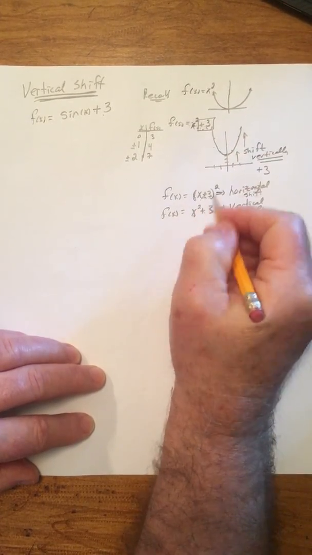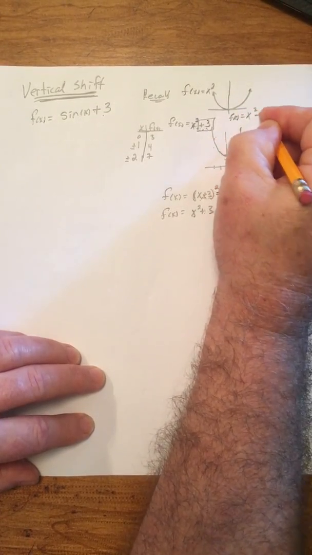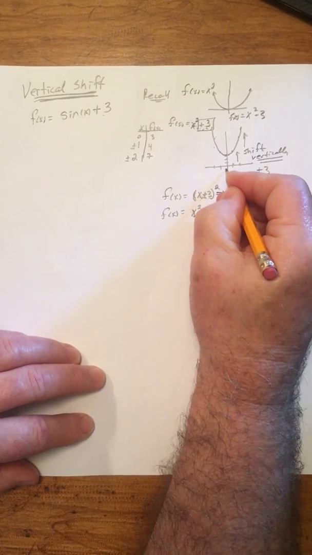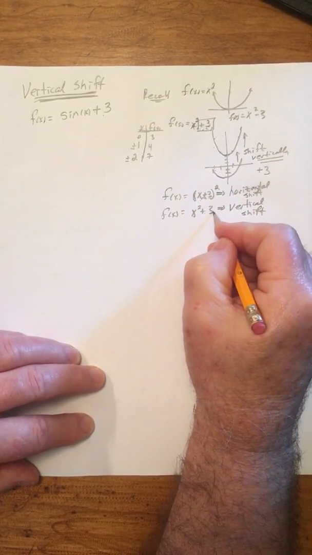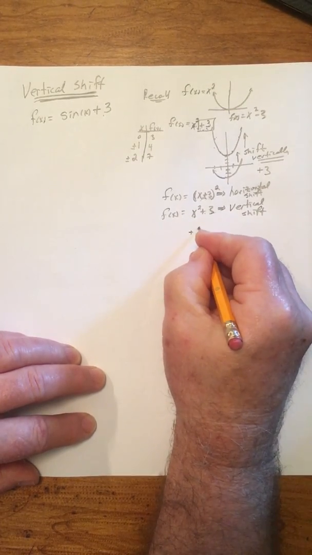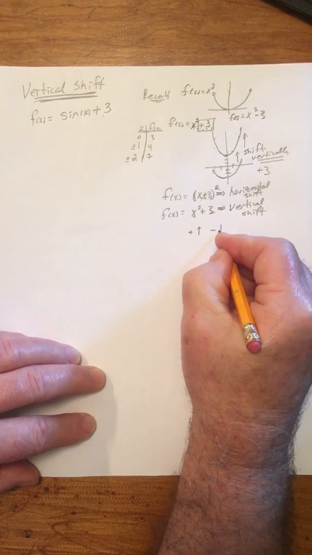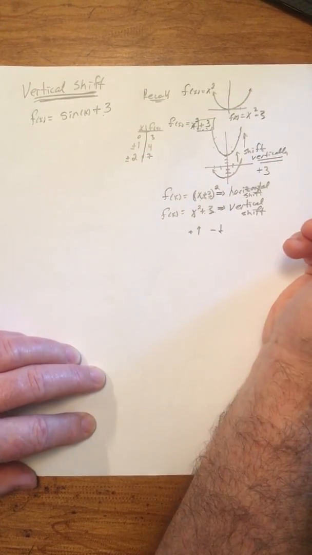If this had been x squared minus 3, that would have corresponded to shifting down 3 units. So if you subtract, you shift down. If you add, you shift up. Beyond that, it's the same basic shape.